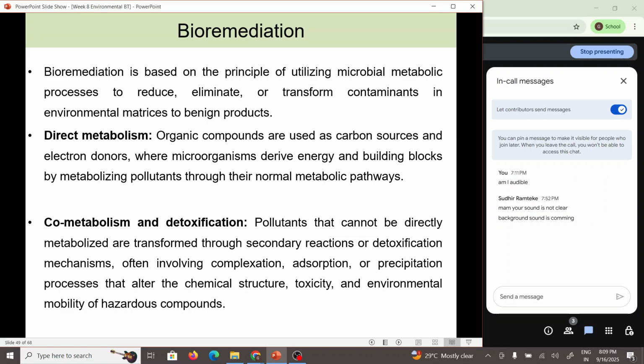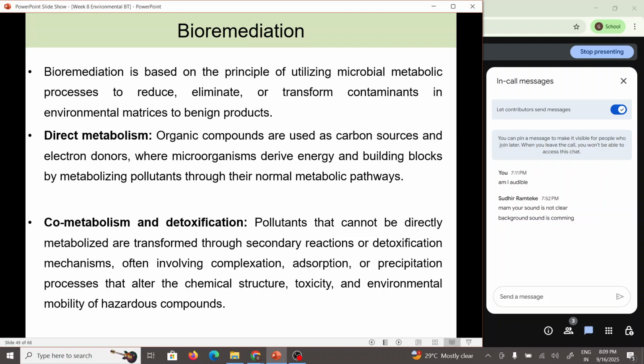So in this we can either have direct metabolism or we can have co-metabolism. In case of direct metabolism, the organic compounds are used as carbon sources and electron donors, where microorganisms derive energy and building blocks by metabolizing pollutants through their normal metabolic pathways. For example, there is water which has high organic content. Organic content is consumable by the microorganism, but the presence of a high load of organic content in water is not good for the usage of that water.